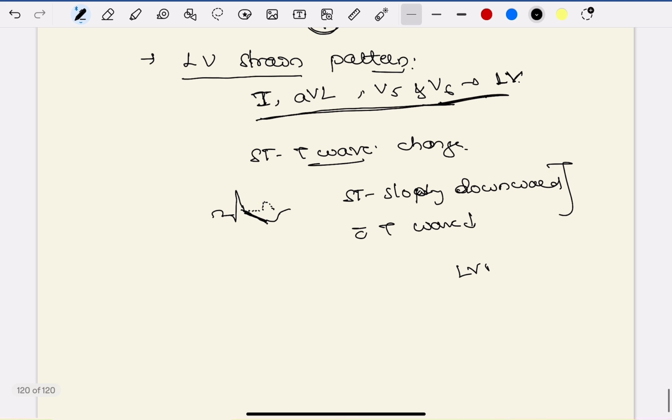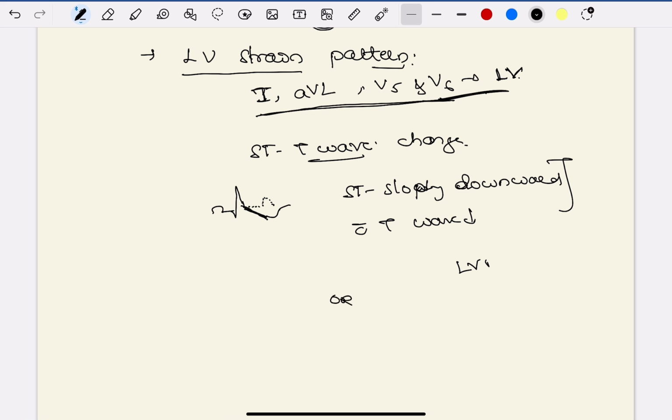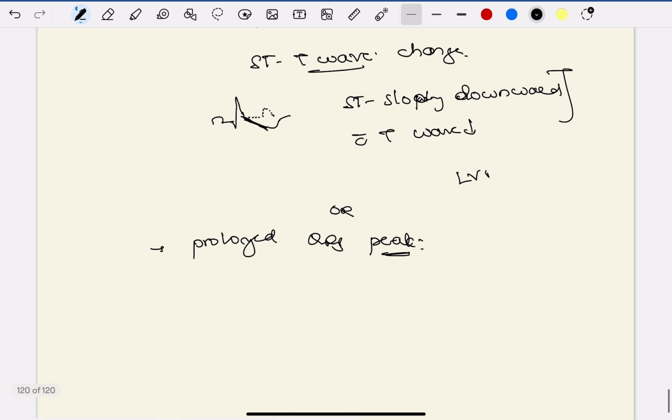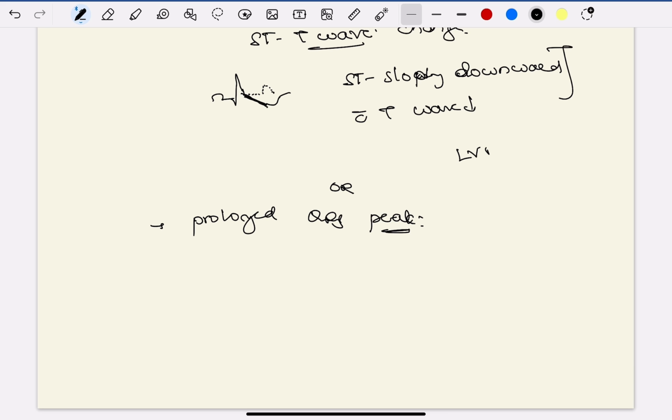Okay, there is LV strain and or there is a prolonged QRS peak. What does prolonged QRS peak mean? See, because there is LV hypertrophy, more muscle mass means there is some amount of delay in depolarizing all the muscle tissue. That is represented by prolonged R wave peak.